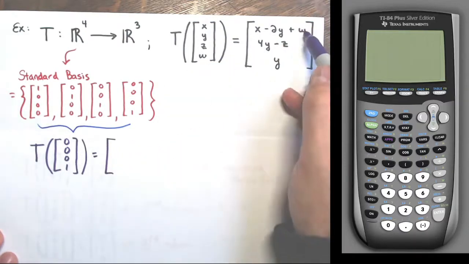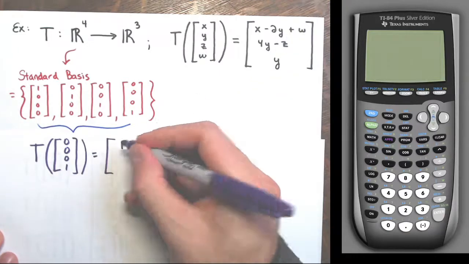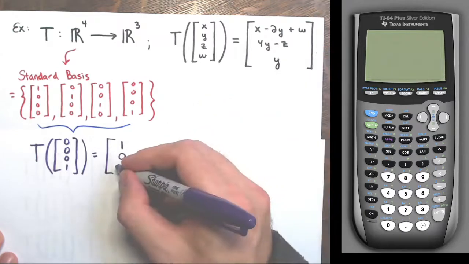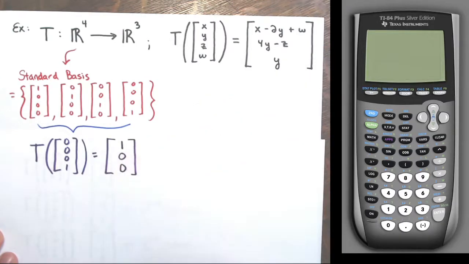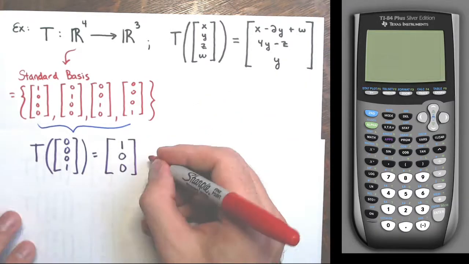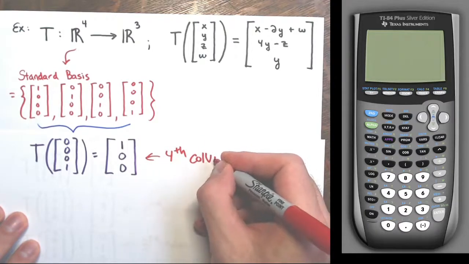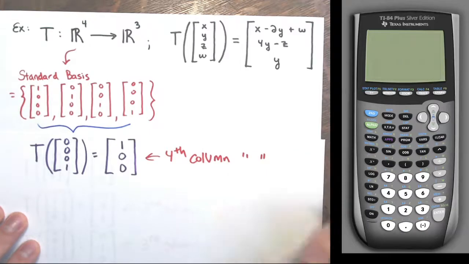Well, 1 for w, 0 for everything else, so the first one's 1. Then there's no w in the other two. So there's the fourth column of the standard matrix for T.